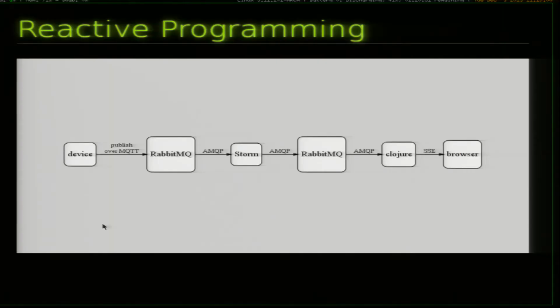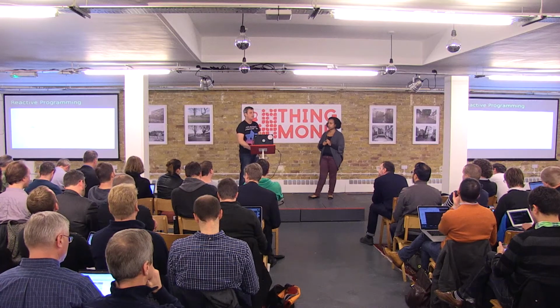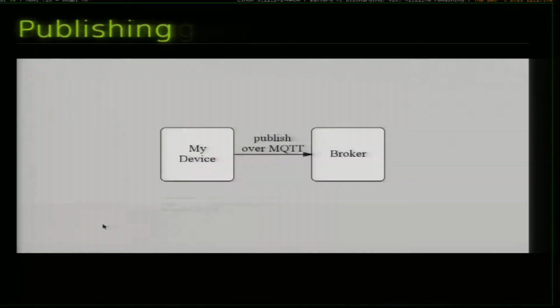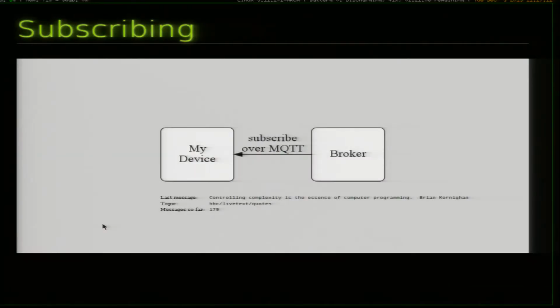So this browser that we're running today is a thing, it's an internet of things. This presentation slide deck is also a thing, and we can listen to messages. Publishing is very simple. Subscribing to messages is equally simple. As messages come through, we receive the message in the Clojure backend, and then we use server-sent events to send the data to the browser.